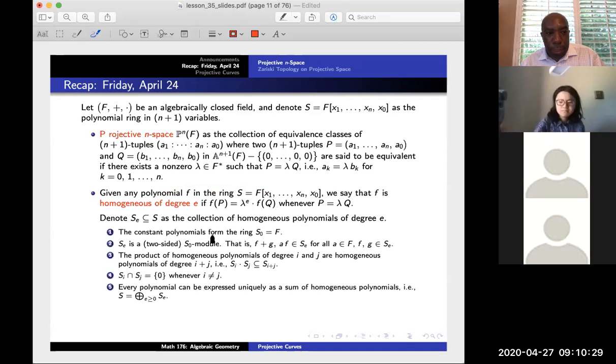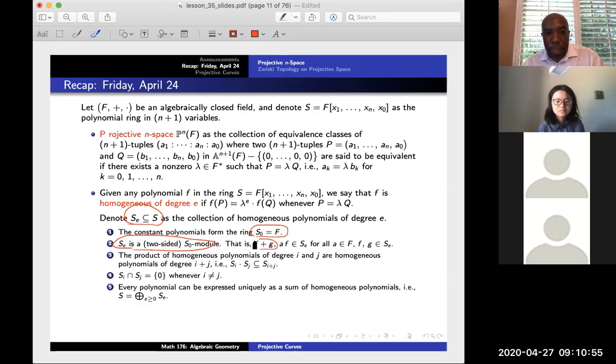And so once we do this, then we can let S sub e be the collection of homogeneous polynomials of degree e. Then we know that we have the following 5 properties. When e is equal to 0, the constant polynomials are just in correspondence with the elements from our field F. We also know that S sub e is an S module, really, if you will, a two-sided S module.